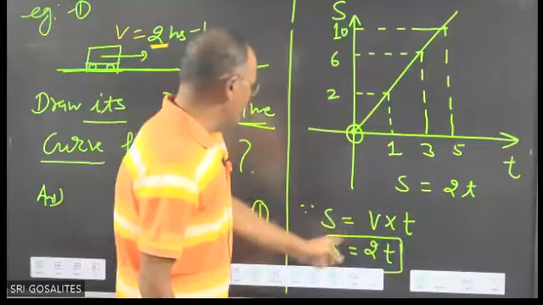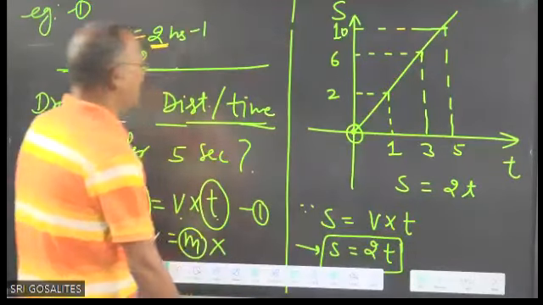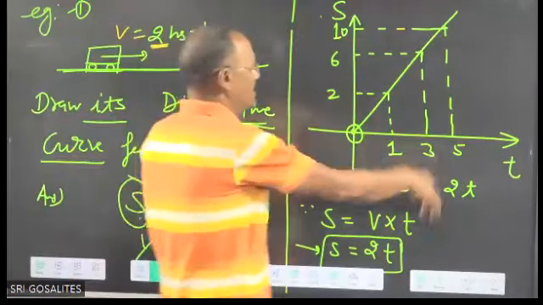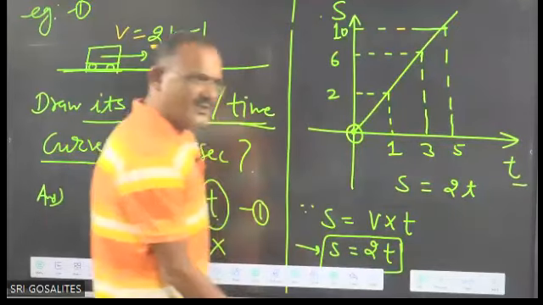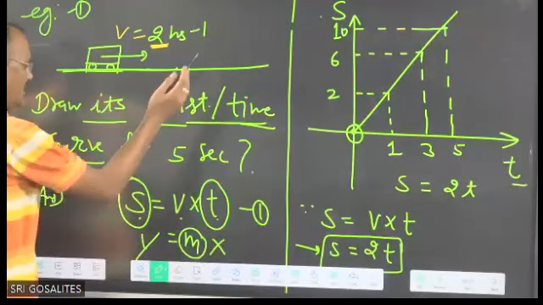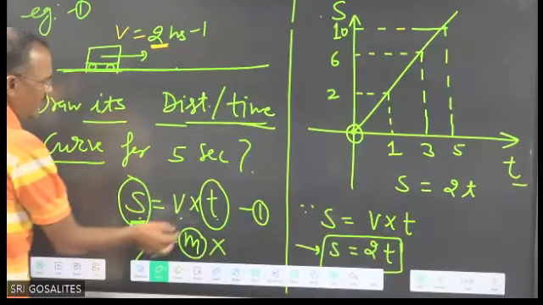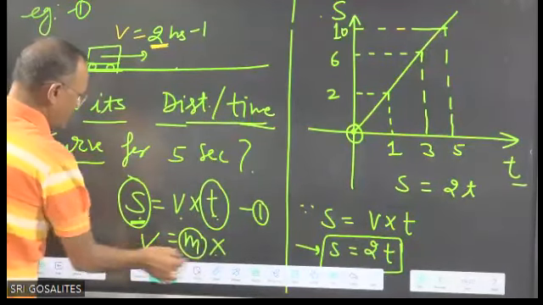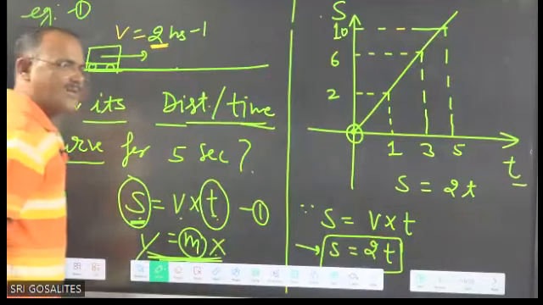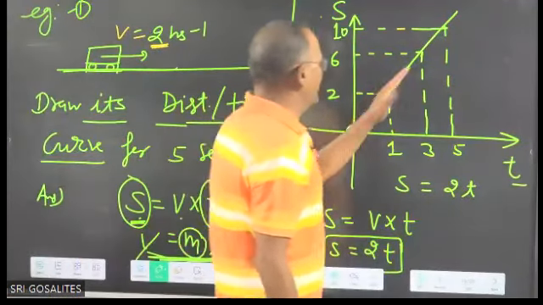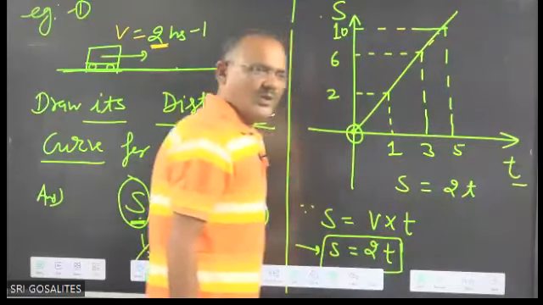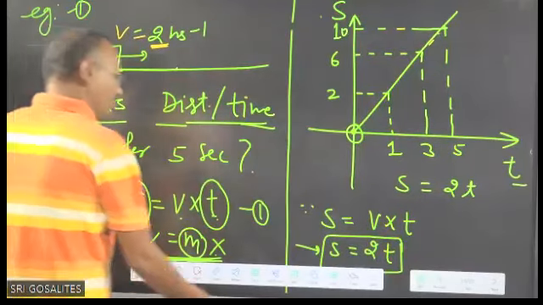What is the speed of the car? 2t. So we are taking the distance on the y-axis, time on the x-axis. So it is similar to s, which is distance on the y, time on the x, so it looks like y equals mx. So it's a line passing through the origin. Okay, fine. One more question.